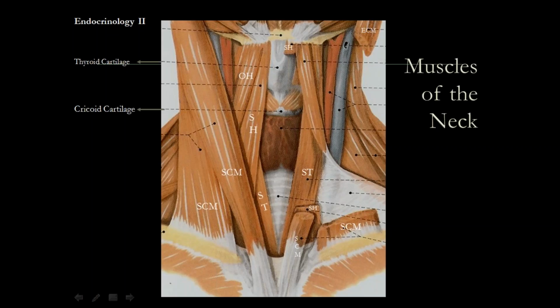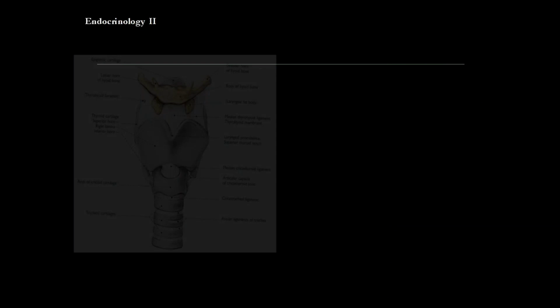Just here is the thyroid cartilage, and 2 to 3 fingers below it is the thyroid gland, over the trachea. The trachea is central and has about 15 ring cartilages, and the thyroid gland is located between the third, fourth, and fifth cartilage of the trachea.